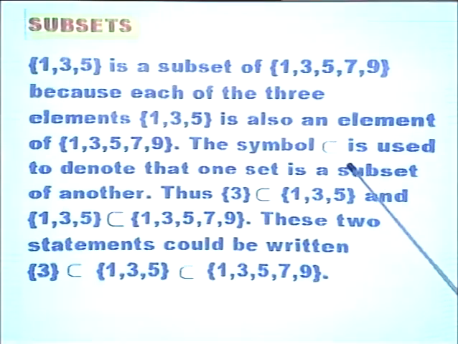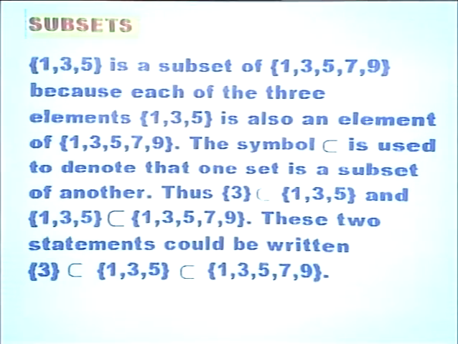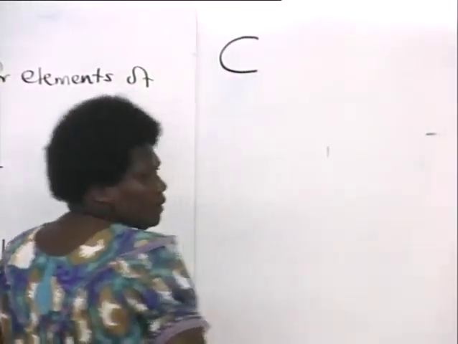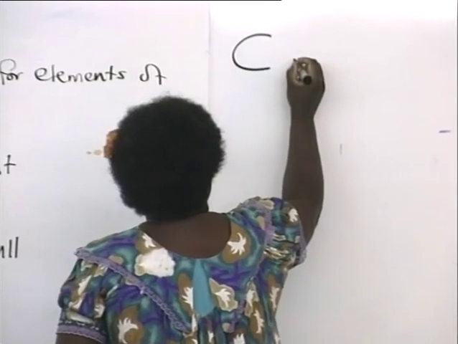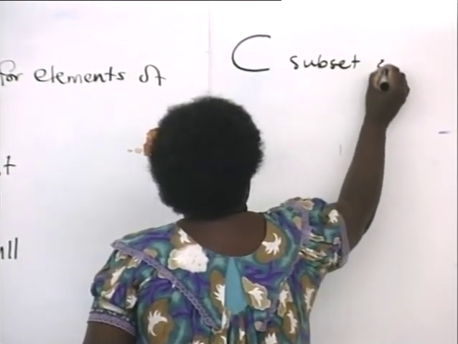Clear? That's what this is talking about. So this symbol is used to denote that one set is a subset of another. If you cannot see it from the screen, the symbol is this. Okay, this means a subset of.